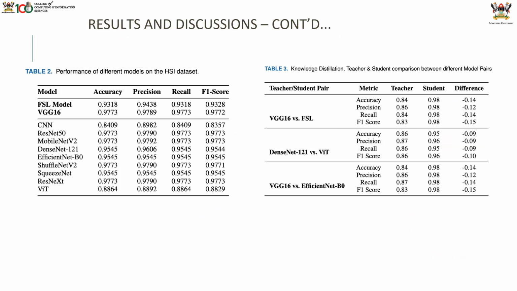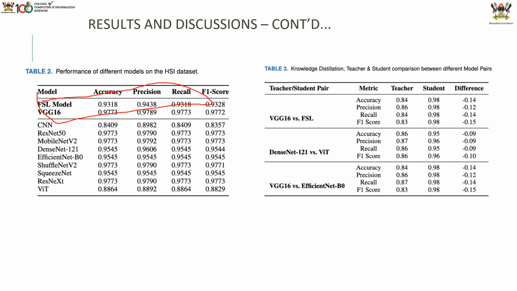So here are our results. In order to evaluate the effectiveness of the proposed few-shot learning model, we did a comparison with baseline models, e.g. the VGG16, ResNet 50, and MobileNet 2. And we see here, for example, that our FSL model performs competitively well compared to the baseline models, despite the limited samples.